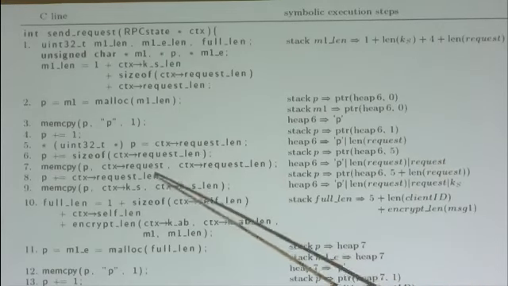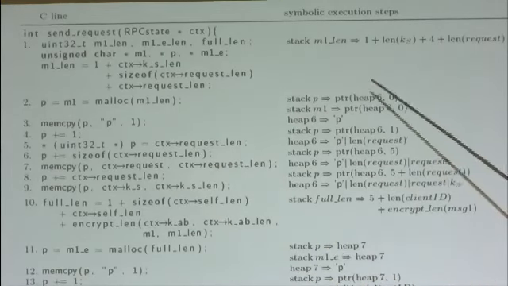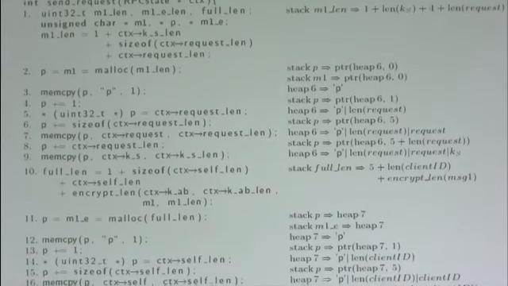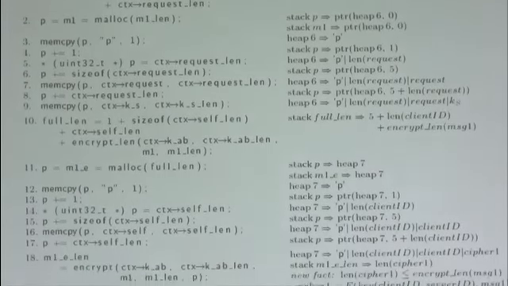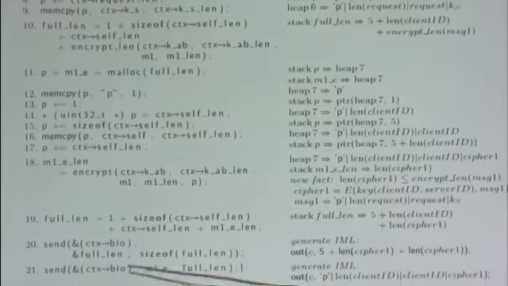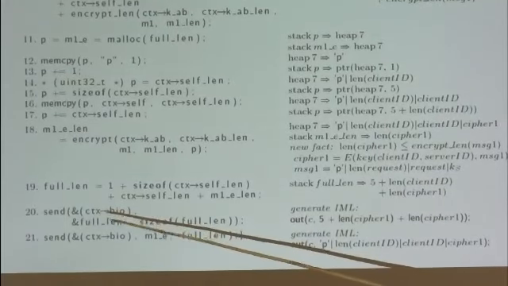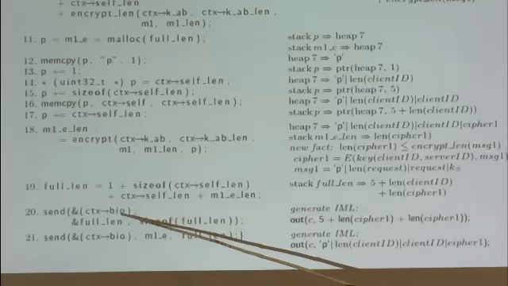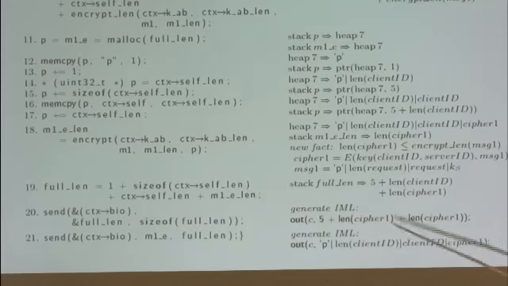So we symbolically execute this code, and then over here we build up a symbolic representation of the heap. And then at crucial points, such as here, where we actually send something on the wire, this is the code that will send the message on the network. Sorry, this is the length. The first thing we send is the length of the message. The second thing we send is the actual message.